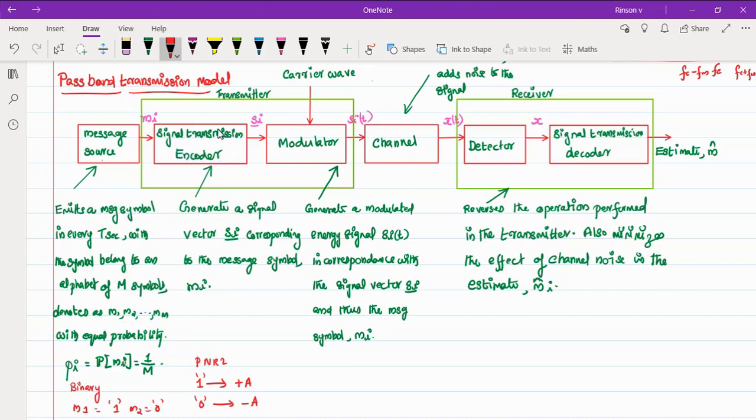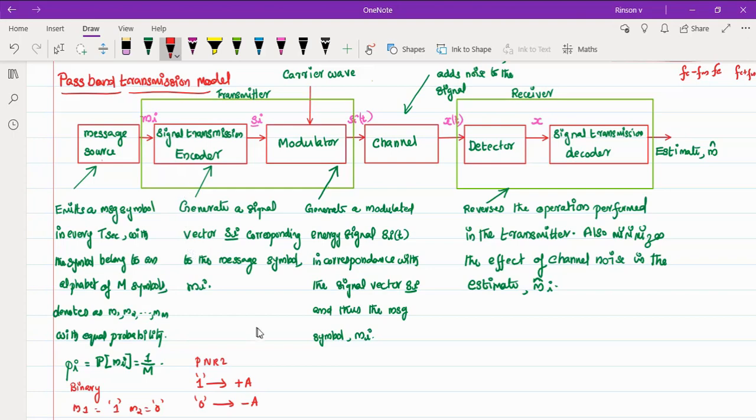Next is a signal transmission encoder. The signal transmission encoder converts or encodes my message symbols corresponding to the encoding scheme that I have used.